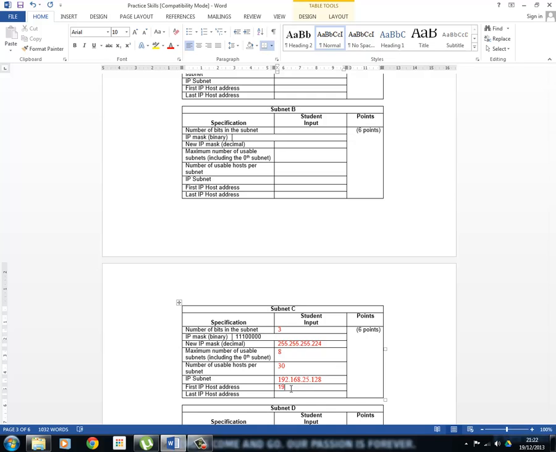Well, it's going to be 129. What is the last available? Well, we know the next network is going to be 160 because if we add 32 to the 128, that gives us 160. We know the one before the next network is going to be the broadcast address. So therefore, the last IP address in this given network is going to be 158.